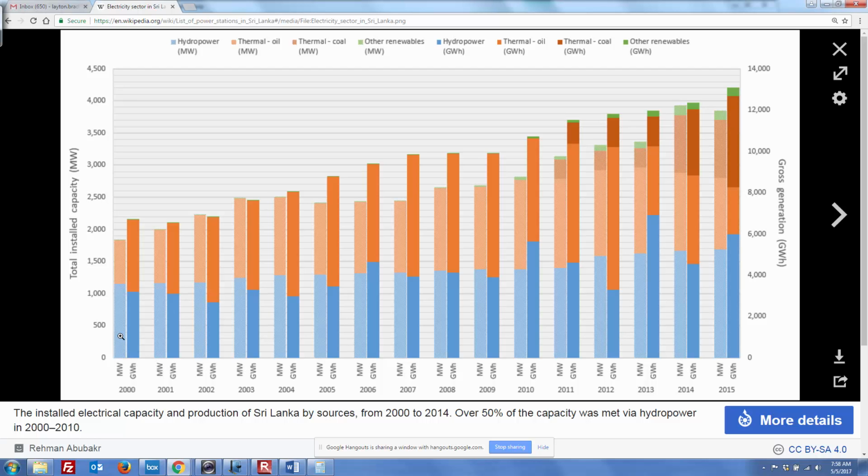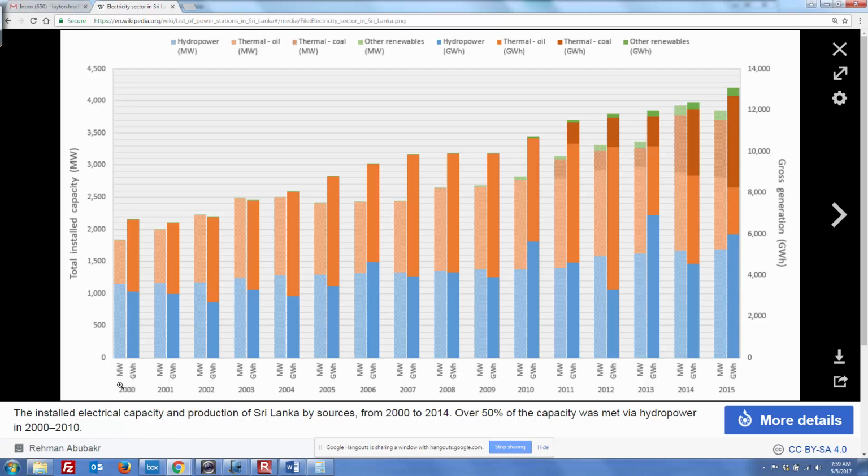So Jesse, I have a little pop quiz for you. There are 2 bars in each one of these. One is energy and one is power. And I want you to tell me, is the megawatts measuring power or measuring energy? Megawatt. Yeah, megawatt.